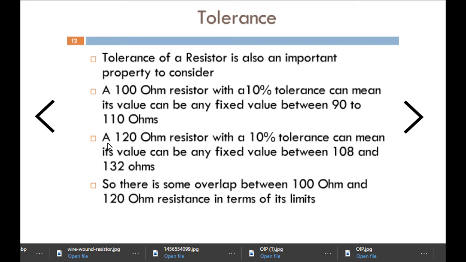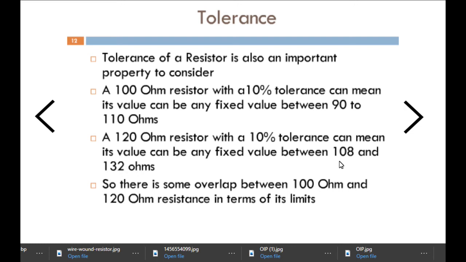In another case, a 120 ohm resistor with a 10% tolerance means 10% of 120, that means 12 ohms. So your base value can be reduced to 120 minus 12 or increased to 120 plus 12, and the maximum value will reach 132.